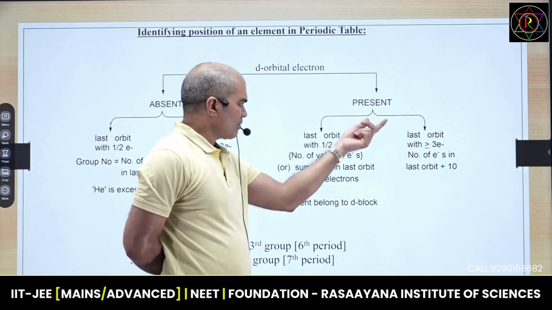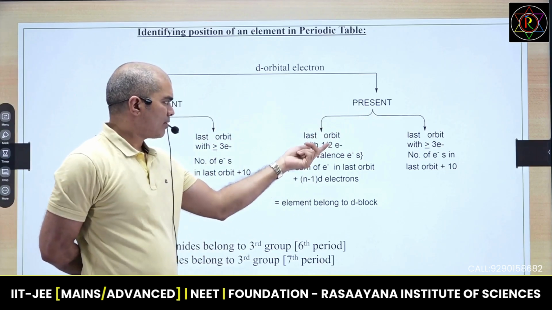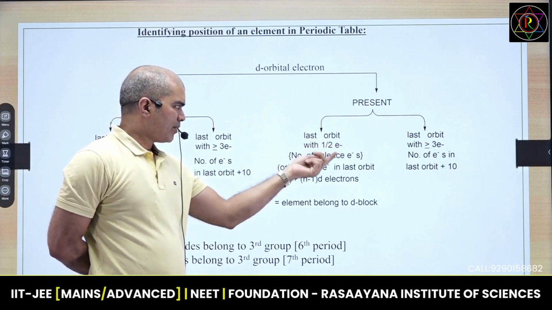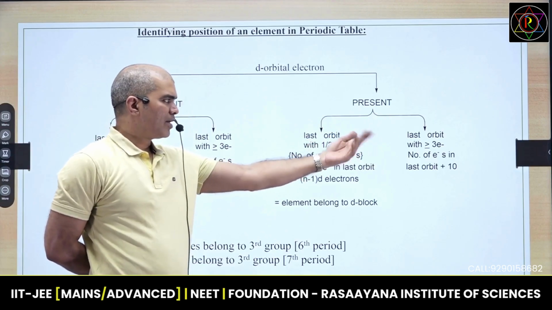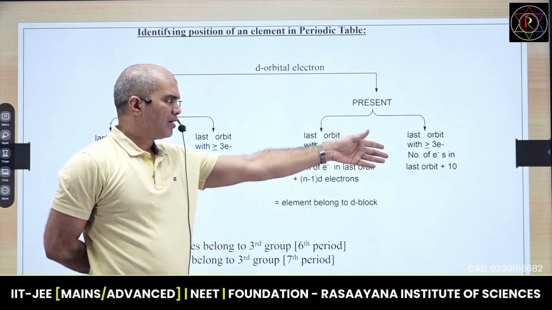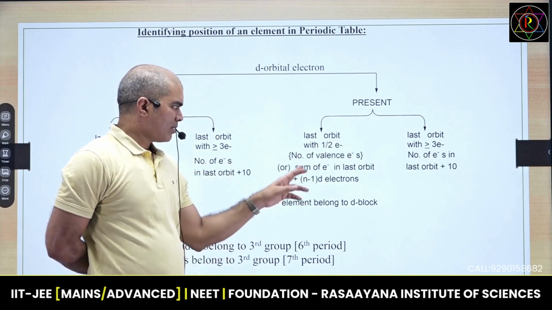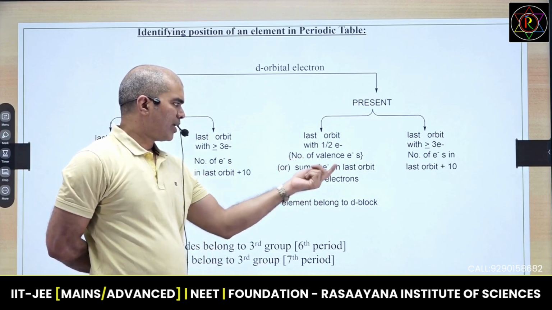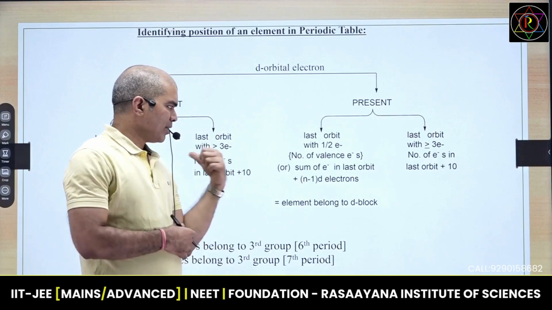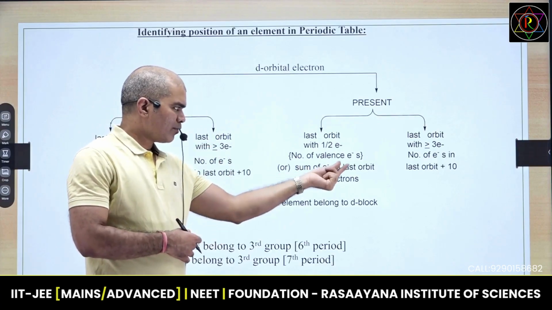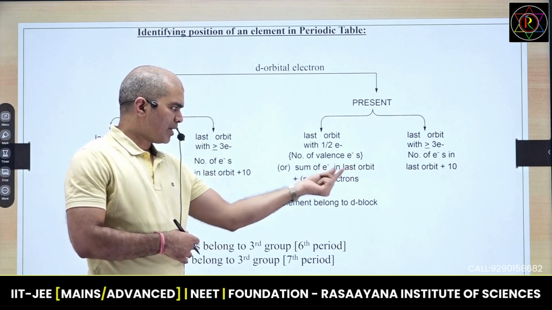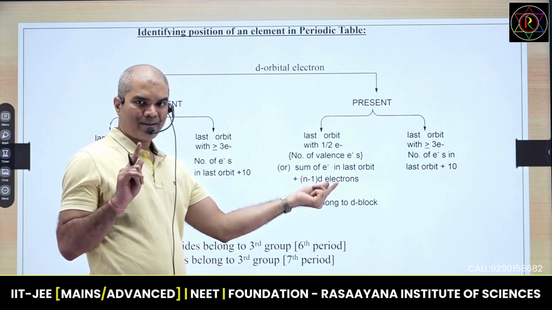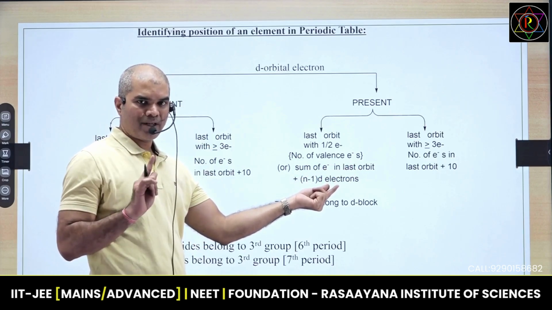Suppose d electrons are present, the same methodology again we are following. Last orbit with 1 or 2 electrons, or last orbit with greater than or equal to 3 electrons. Then how many electrons are there? It is the number of valence electrons, plus, not 10, here the number of d electrons must be added.